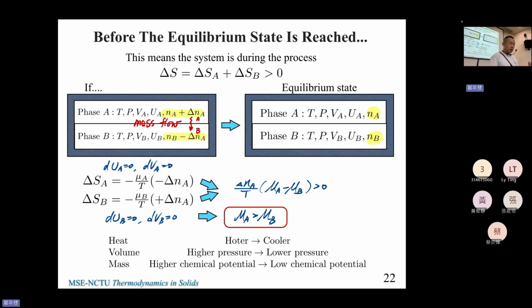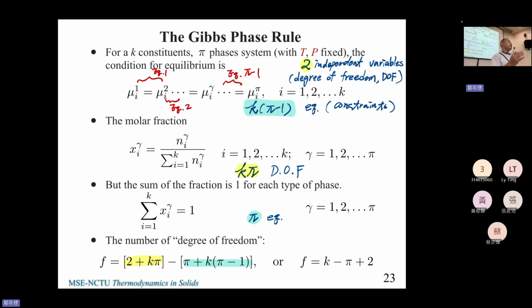Then we took a step before equilibrium, and we found that mass flows from higher chemical potential to lower chemical potential. We used a mathematical proof to show that.